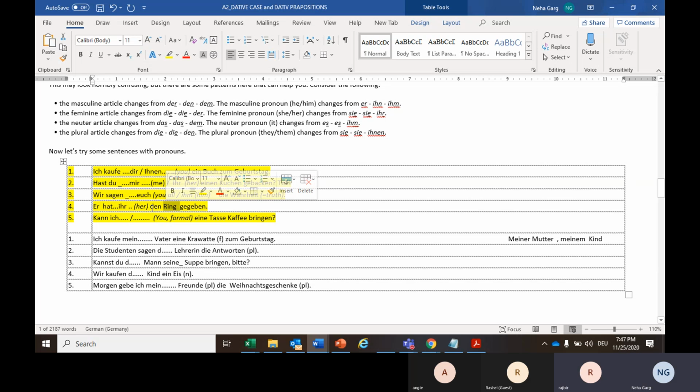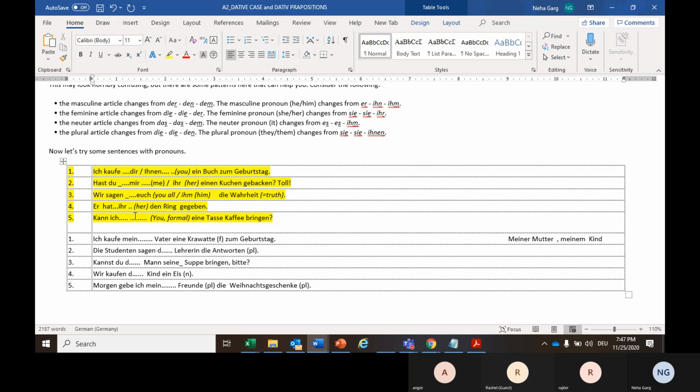That is neutral. Why neutral? Den Ring, Rajveer. This is accusative. So der has changed to den. Okay, you are asking like this. Okay, right, I got something different. No problem. Next sentence.